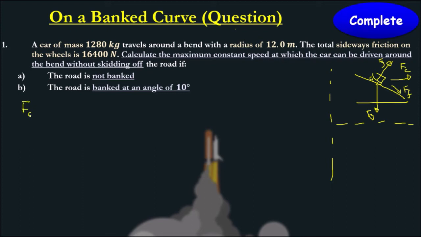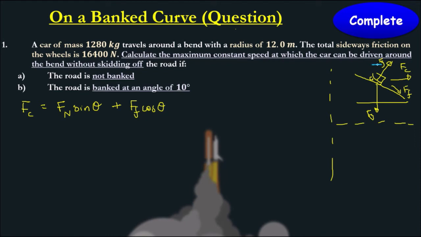So the net centripetal force is going to equal the horizontal component of the normal force, and I'll do it in colors later on, and we also look at the horizontal component of our friction force.